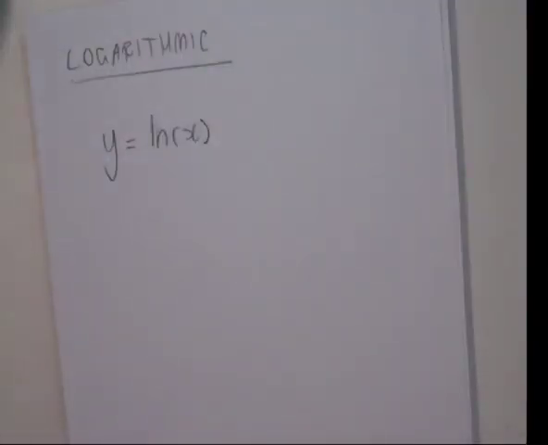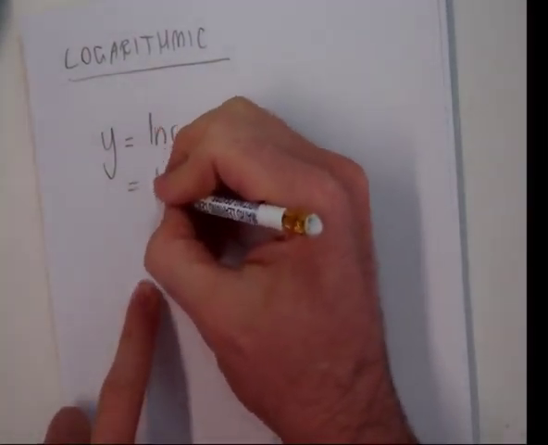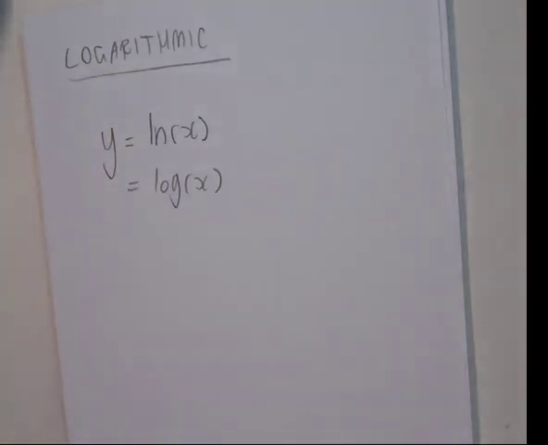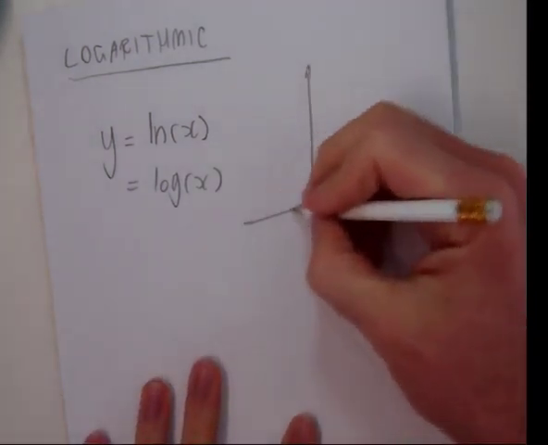So, ln x. Some places will just call it log. They'll just call it log and they'll mean the same thing. A calculator means something different with log than it does for ln. So I just thought I would point that out. And it looks like this.